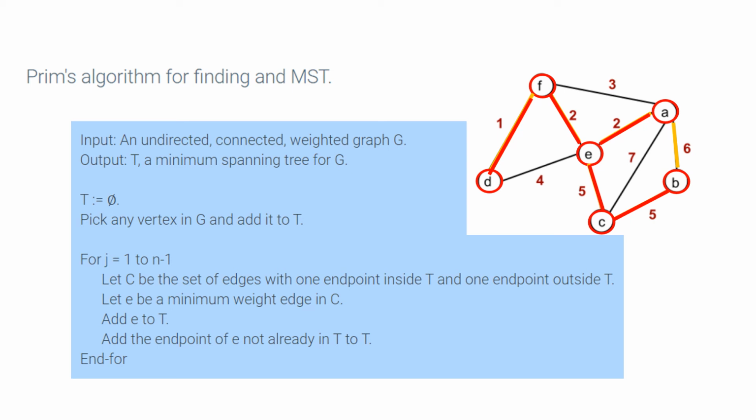Because we don't need it, and if we included it, we would have a cycle. So I'm going to get rid of that one. That's going to turn black again. And now we have our minimum spanning tree. It is a spanning tree.